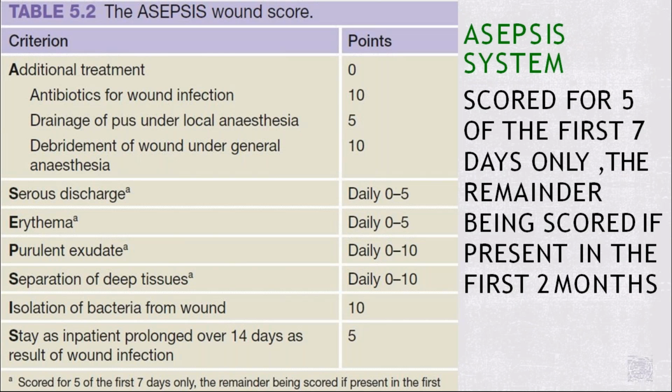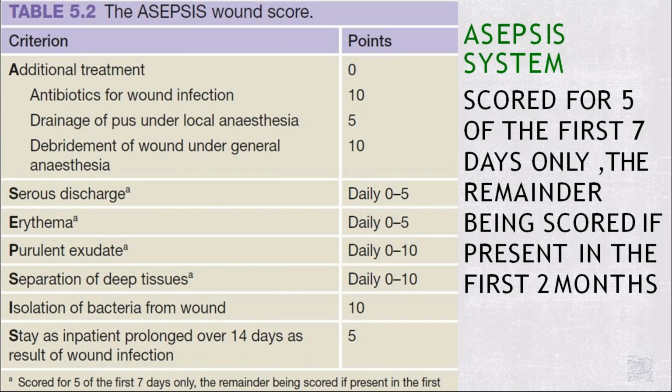First is antibiotics for the wound infection: we will give 10 points for antibiotics, and drainage of pus under local anesthesia 5. Whereas debridement, along with the drainage of the pus, removes devitalized tissue. So debridement of wound under general anesthesia gives 10 points.